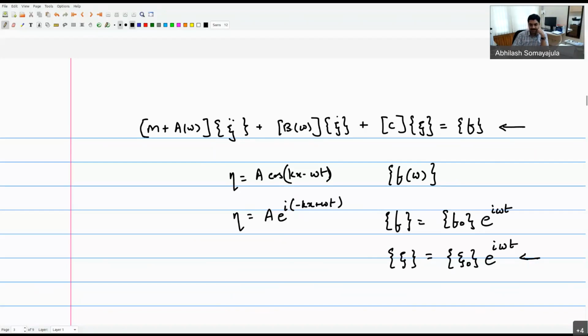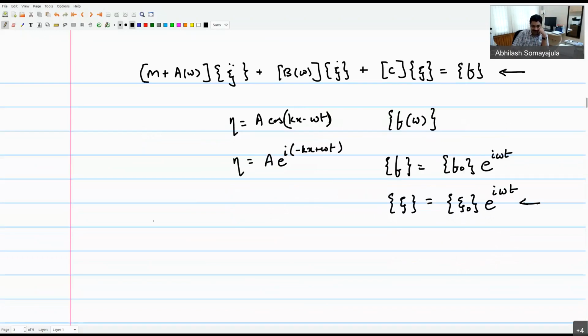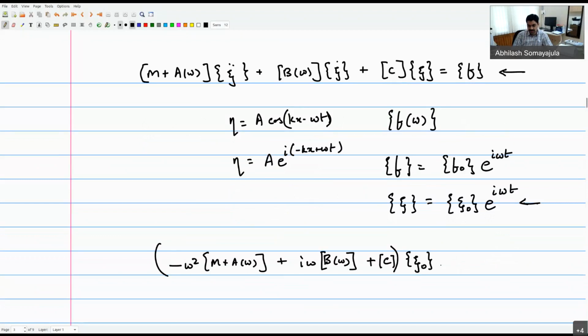And then you substitute this in, and that gives you the so-called minus omega square times M plus A of omega, plus i omega B of omega, plus C, whole thing multiplied by the displacement amplitude, is equal to the so-called force amplitude, right?